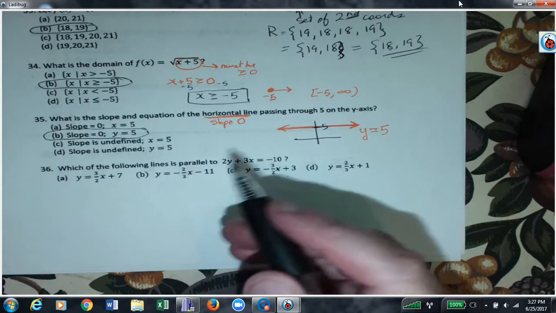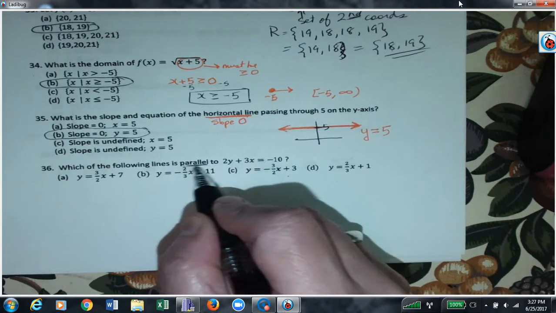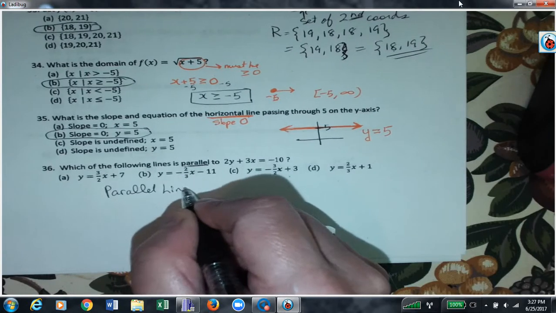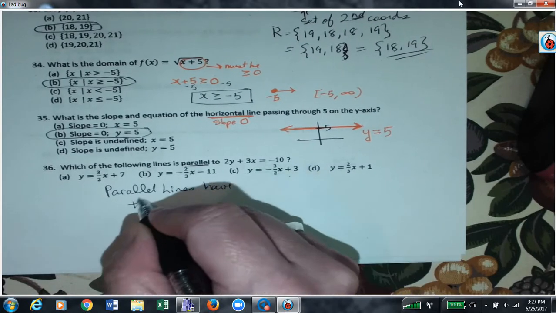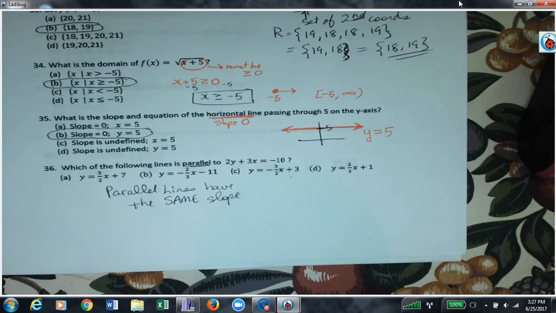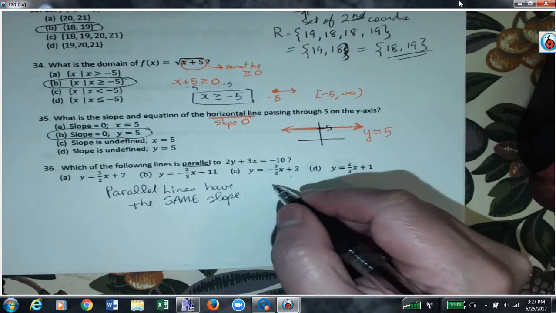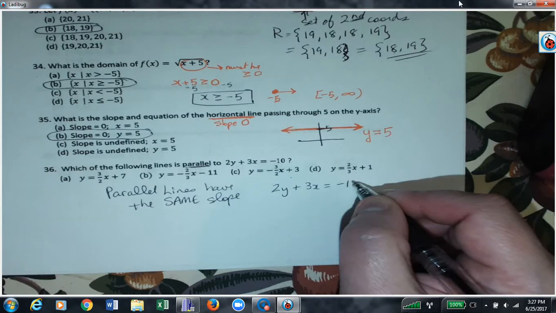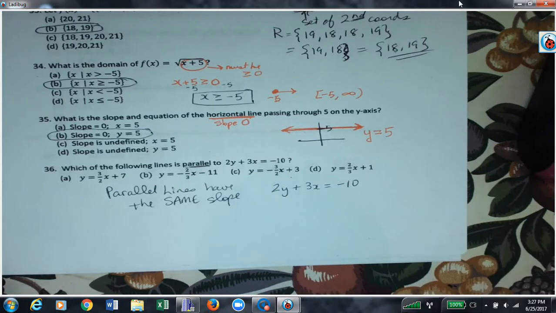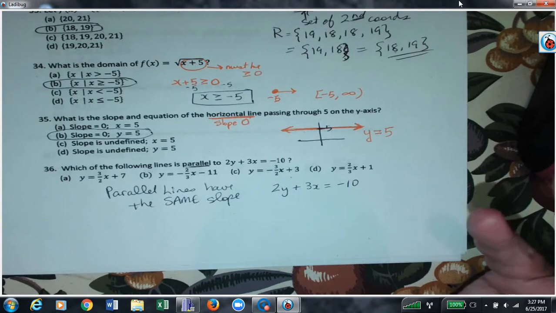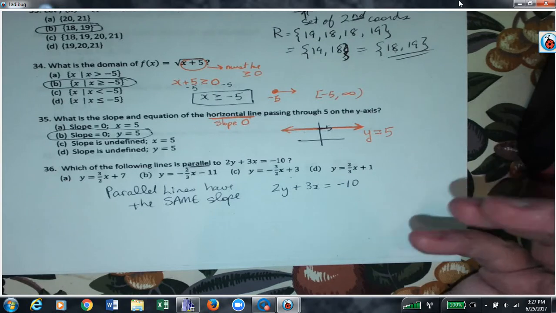Okay, which of the following lines is parallel? Parallel lines have the same slope. But to tell what the slope is, it has to be in y-intercept form. This is not in y-intercept form. You have to put it in y-intercept form, which means you have to get y by itself on the left-hand side.